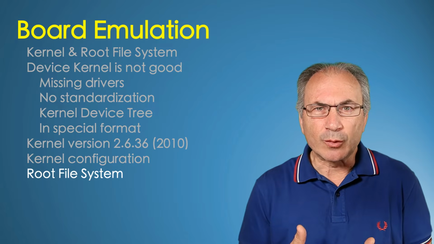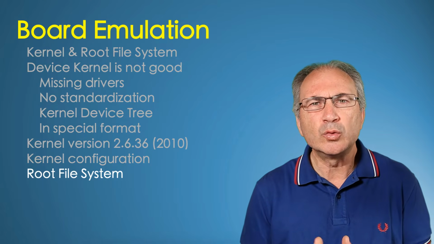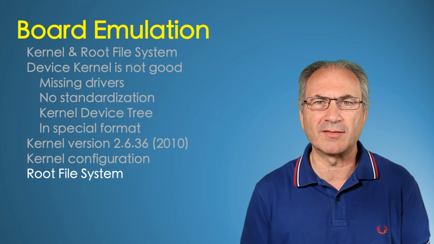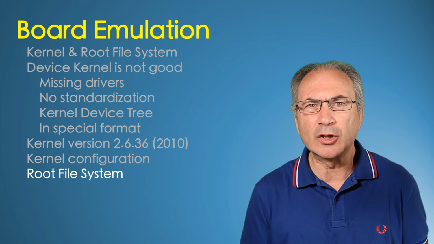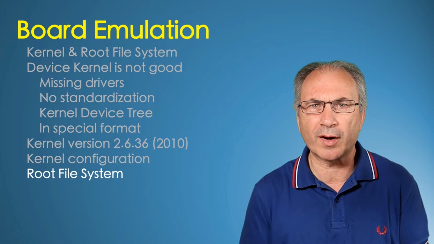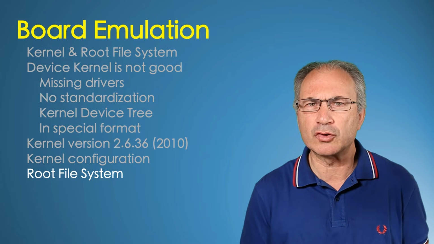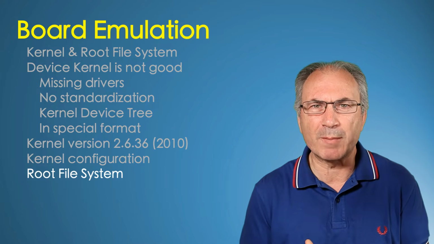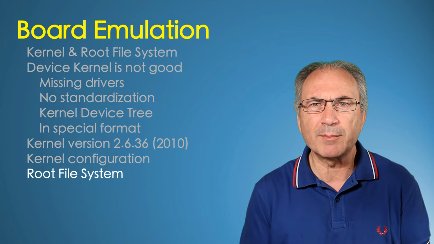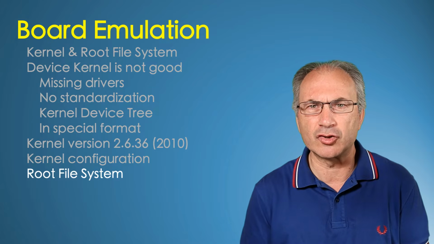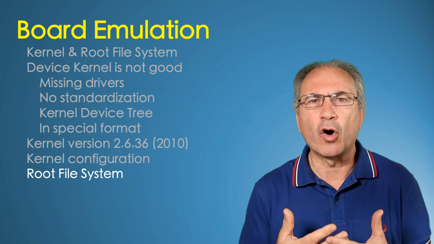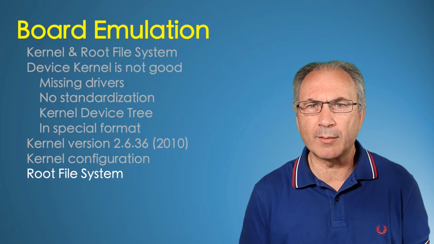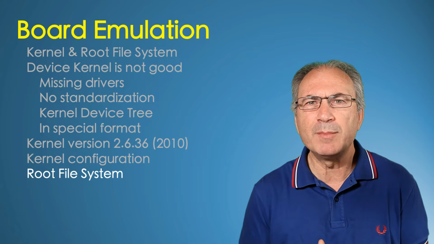We also need a root file system. Probably we could use the same root file system available on our device, but it will not be debugging friendly or reverse engineering friendly, because usually this file system will not have many commands that we need for debugging and reverse engineering, like GDB or gdbserver or strace, etc. And all of the executable binaries and libraries have been stripped.